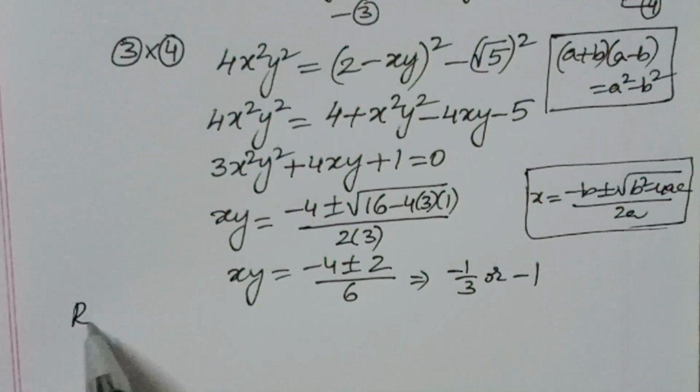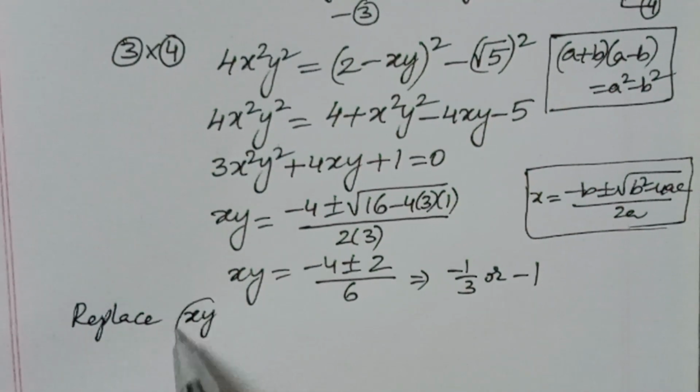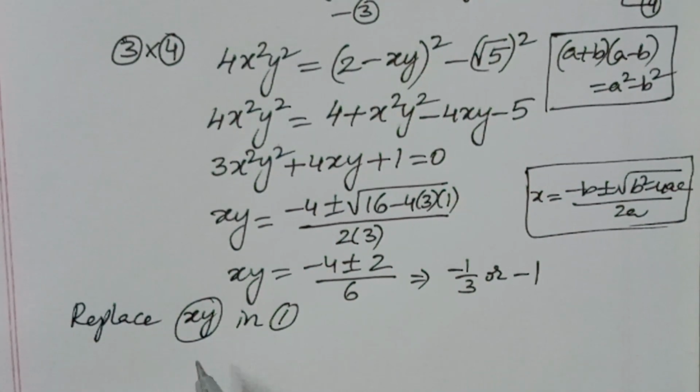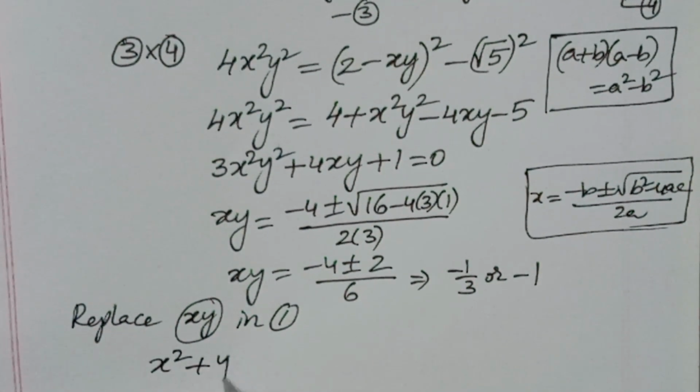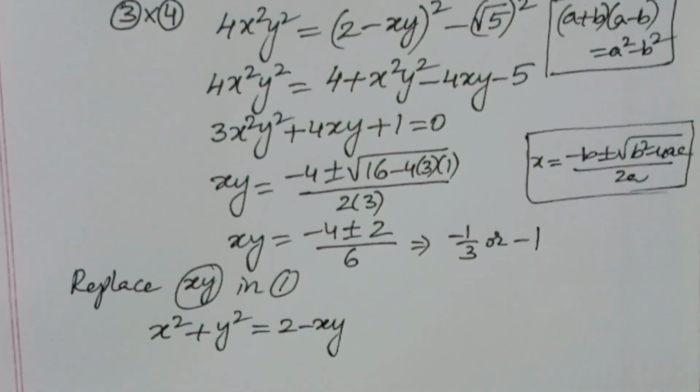Now replace xy in 1. What is 1 here? x square plus y square is equal to 2 minus xy. This is the first one.